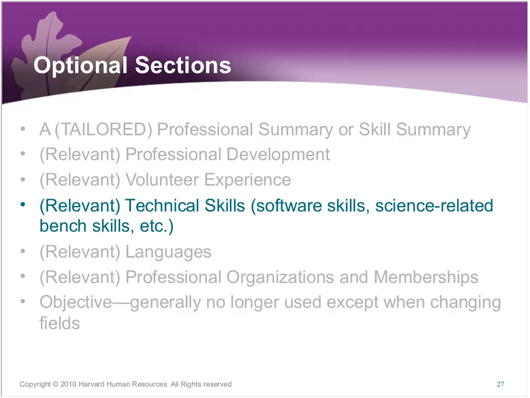So you're going into a job, you absolutely have to have specific software skills, they have to be at a high level, or you've got science-related bench researcher skills or certifications in particular engineering areas, etc. You might want to get them right at the top of that page in a skill summary. If not, I do think it's helpful to have a technical skills section on the resume that's short, that speaks to your specific software skills, and again, any other technical skill training that you had.